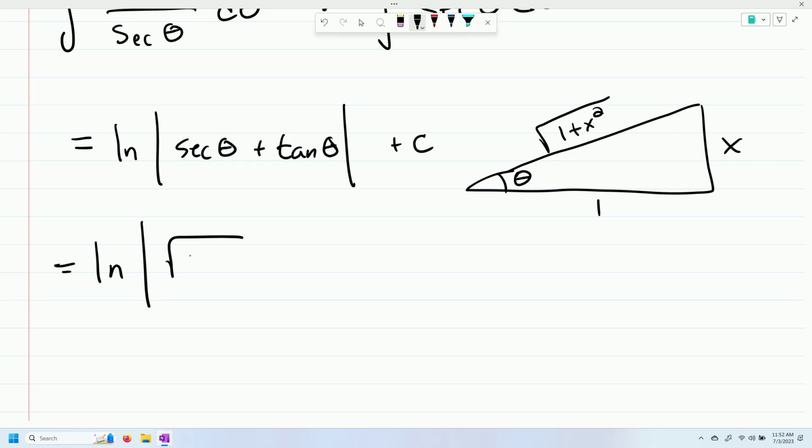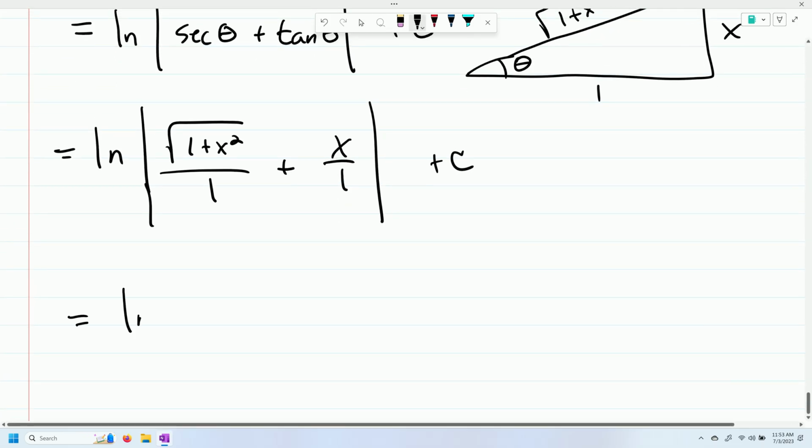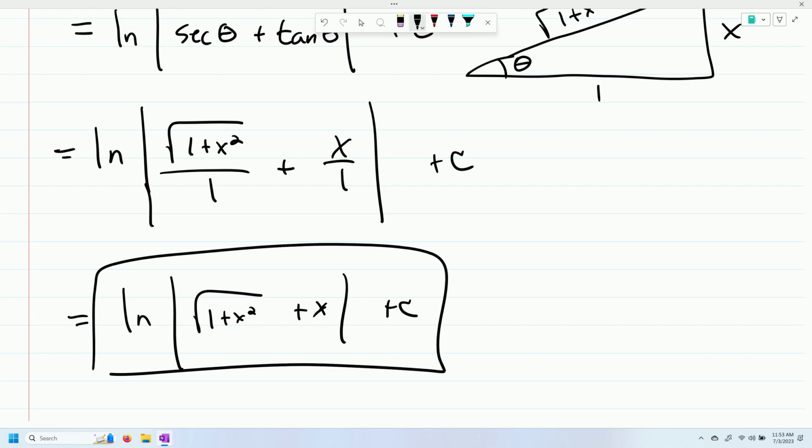So the square root of 1 plus x squared. And technically this is over 1, so might as well just leave it there. Plus tangent theta is opposite over adjacent. So that's going to be x over 1 plus c. Or, just to make it look nice, we'll just drop the denominators. Call it a day.